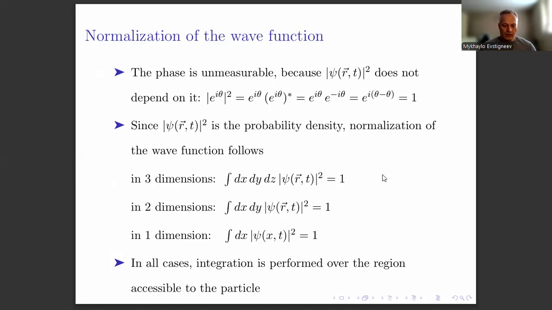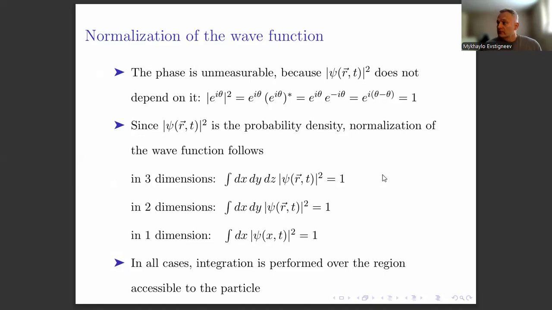And by the way, in that case, the wave function will be measured in different units than in 3 dimensions. And the normalization condition on the wave function will be that the wave function of x and y modulus squared, when integrated over the area available to the electron, should give you 1.